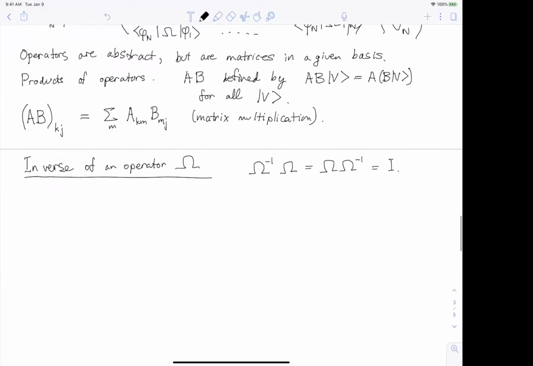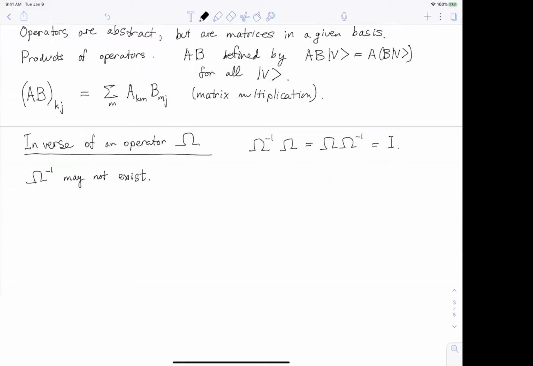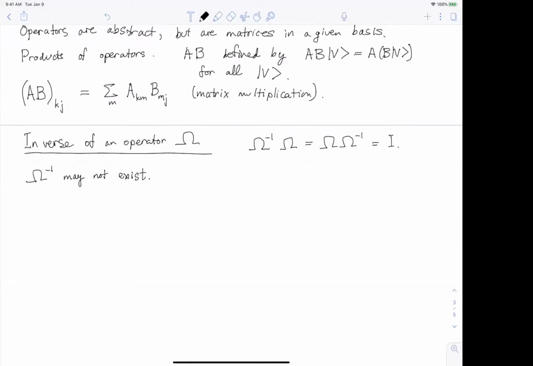So an important thing about inverses of operators is they often do not exist. So omega inverse may not exist, and one thing we will often want to know is, does it exist or does it not? It's a question that has to be answered.